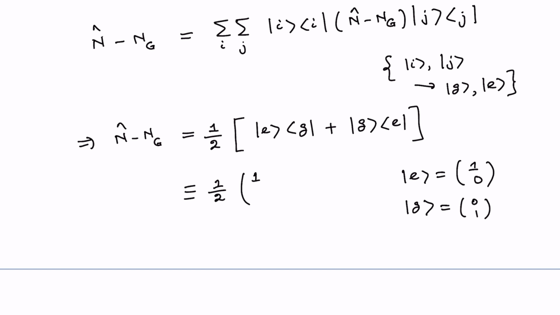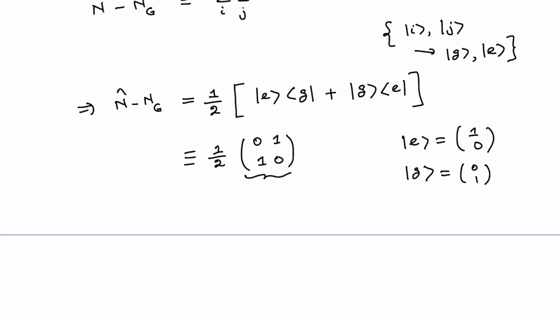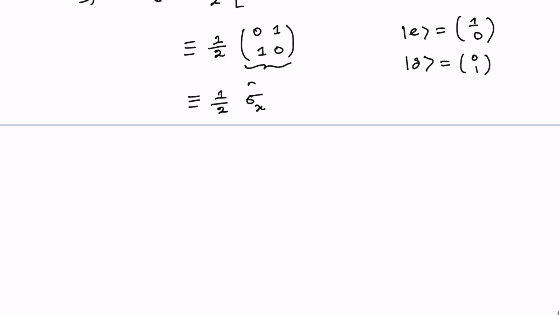Actually you are going to get (0 1; 1 0), and this is nothing but the so-called Pauli matrix, the x component of the Pauli matrix. So I can write this as 1/2 sigma x. So we have then this interaction Hamiltonian, which I can now write in terms of the Pauli matrix, with this Cg by C.